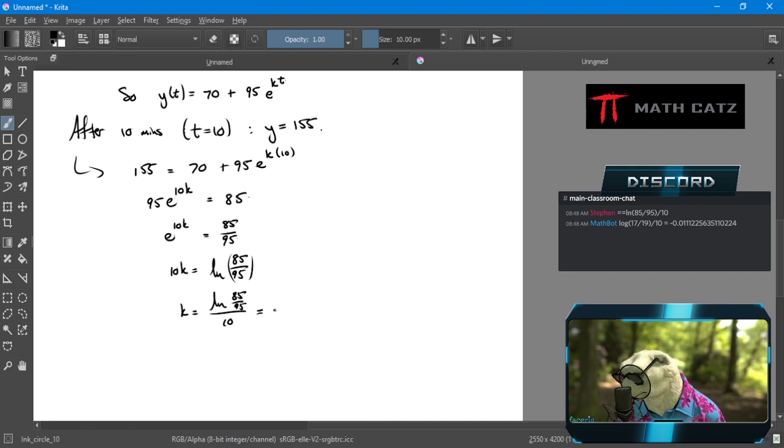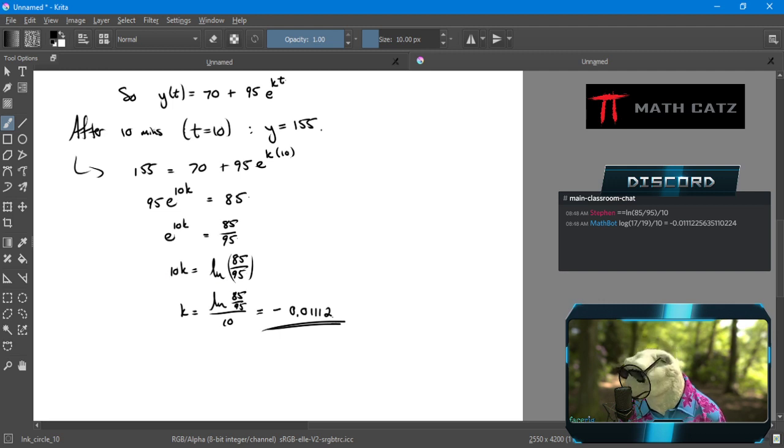And as I suspected, it is negative 0.01112, let's say, if I go 4 significant digits. So I have my quote-unquote decay constant, the proportionality constant associated with this turkey. And it's not going to be exactly the same for every turkey. It depends on how big the turkey is. It depends on a whole bunch of things.